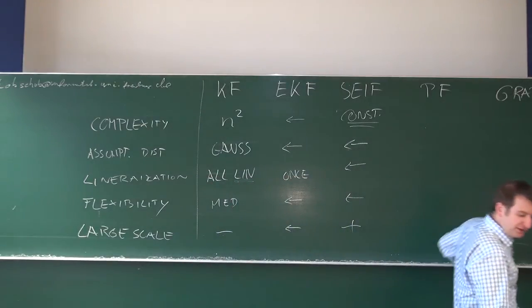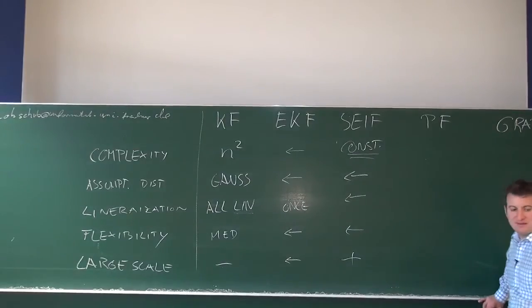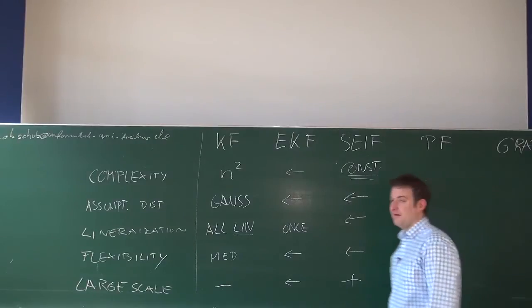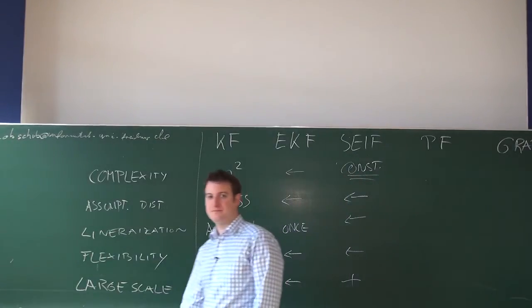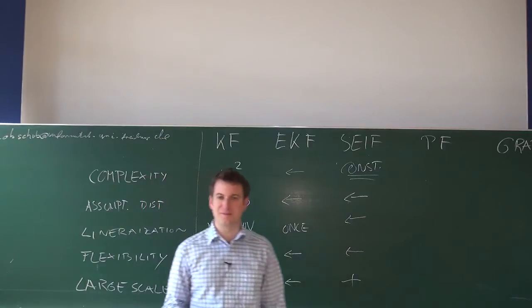Okay, let's look at the particle filter. Let's do only landmarks here. What is the complexity of the particle filter, if you do the right implementation, not the trivial one?